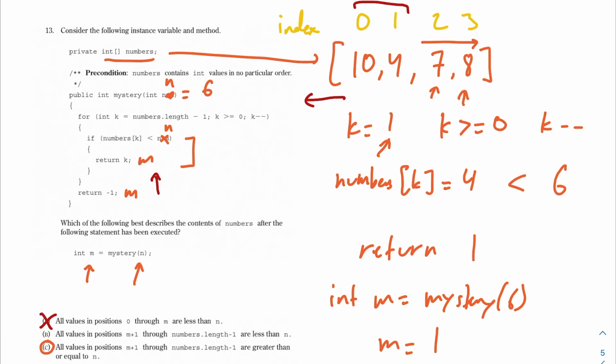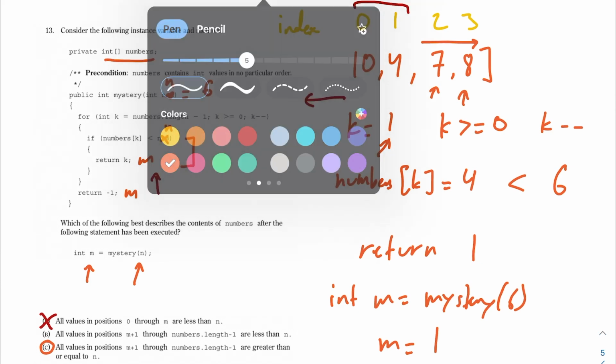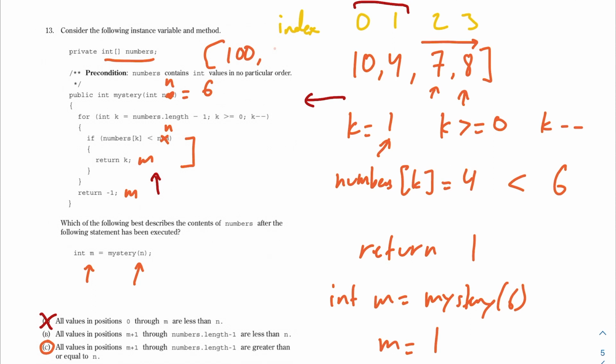The reason is we didn't look at any value in the array before our m, so we don't know anything about what's before that. Our array could have been like 100, 1000, 15, something like this, but we would not have known anything about that because we were going through our array backwards. So A is not correct.